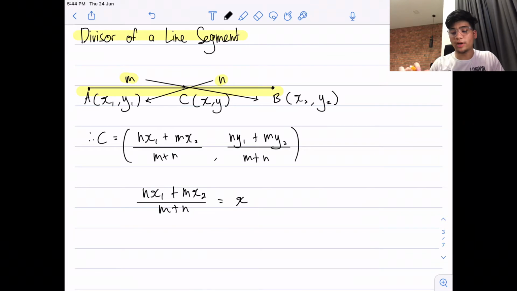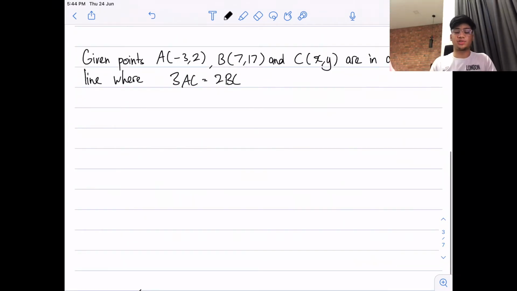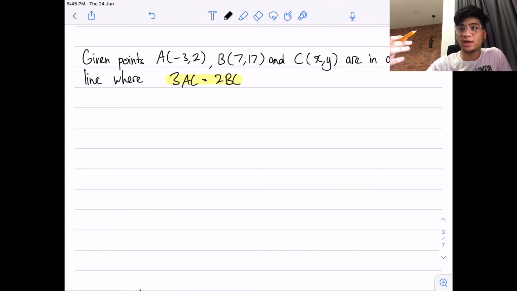But I want to show you an example of how to answer this question to make it easier. Usually, questions will give you something like this. They give you 2 points and ask you to find the other point, which is C. They will always say it's on a straight line, and they will also mention something like 3AC equals 2BC. If they don't give you an immediate ratio, they will usually give you something where AC equals something times BC. This is not a ratio; it's still an expression, an equation like that. So you need to change it into a fraction and then into a ratio.